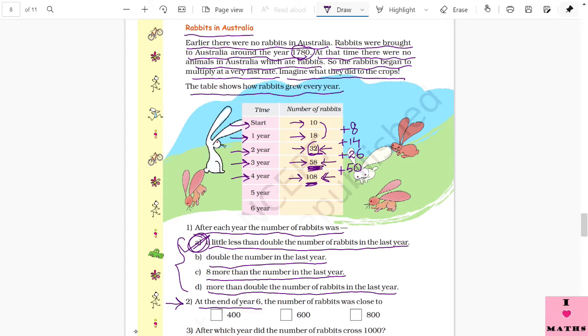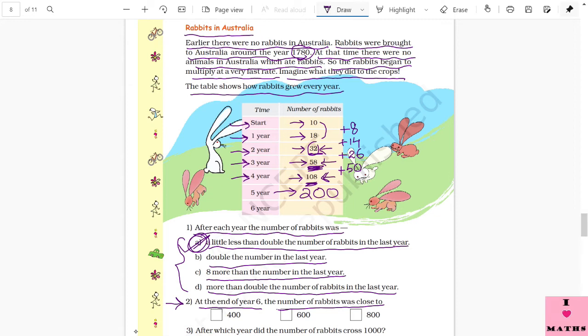At the end of 6 years, the number of rabbits was close to... Okay, children, now double of 108 is 216. So in the 5th year, the rabbits will be close to 200. We cannot tell the exact number, but it will be close to 200.